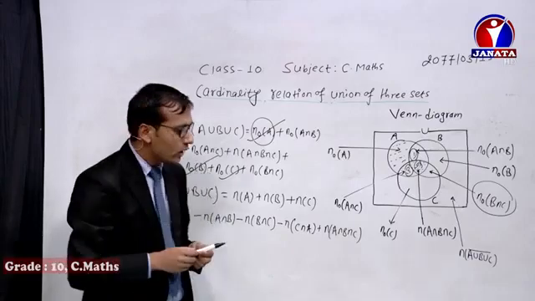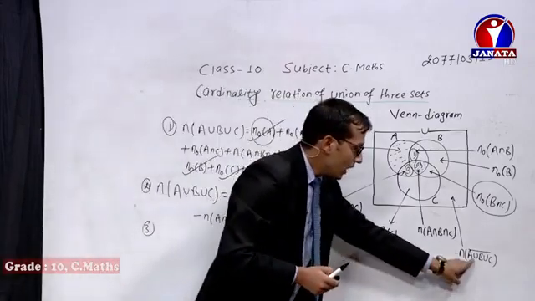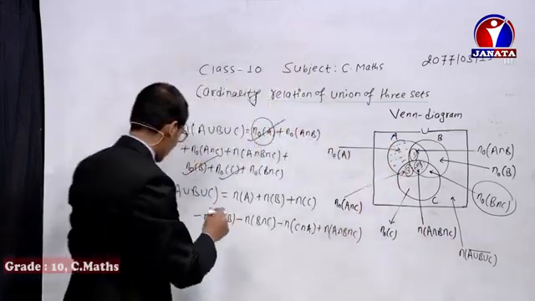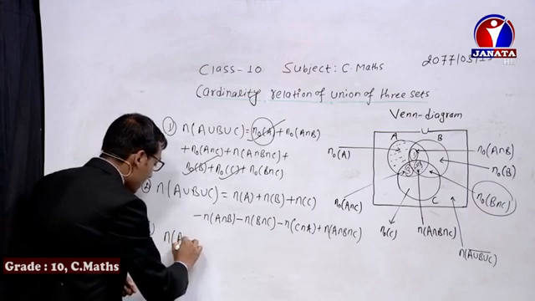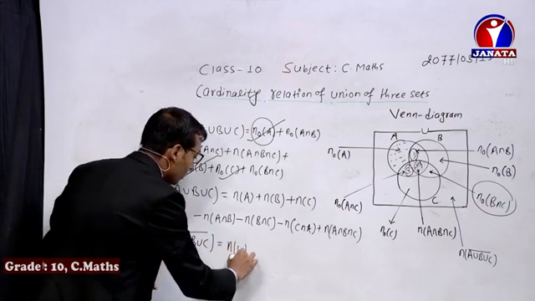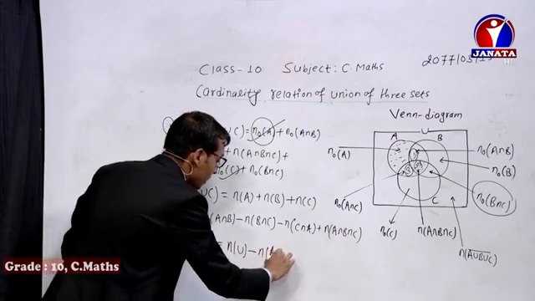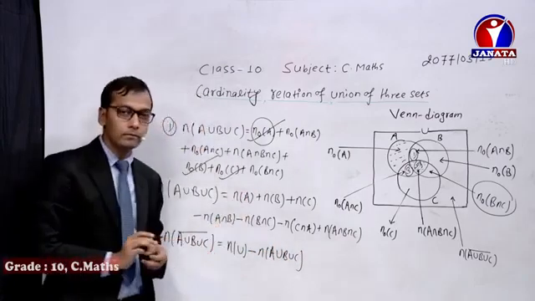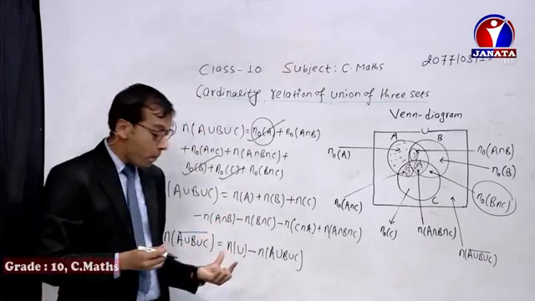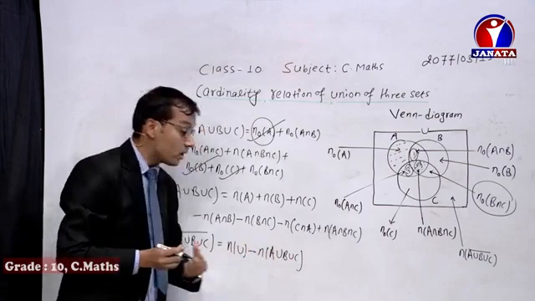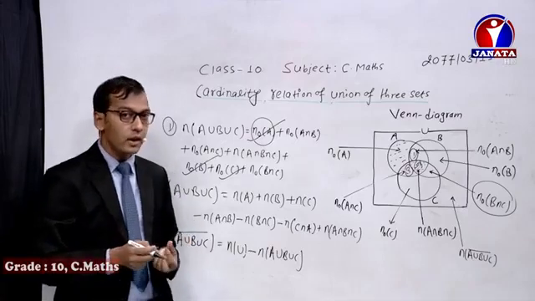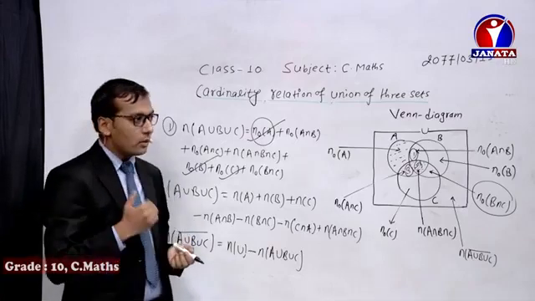It's known n of (A union B union C) complement is n of U minus n of A union B union C. If we know the cardinal number of the universal set n of U and the cardinal number of A union B union C, then we can easily find n of (A union B union C) complement. So let me take one example.